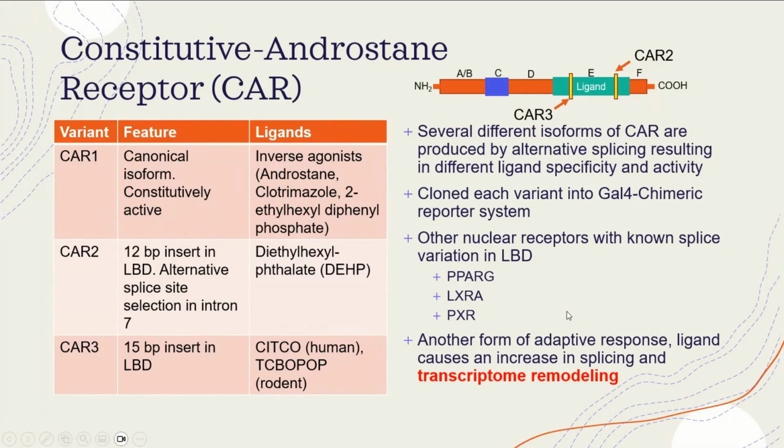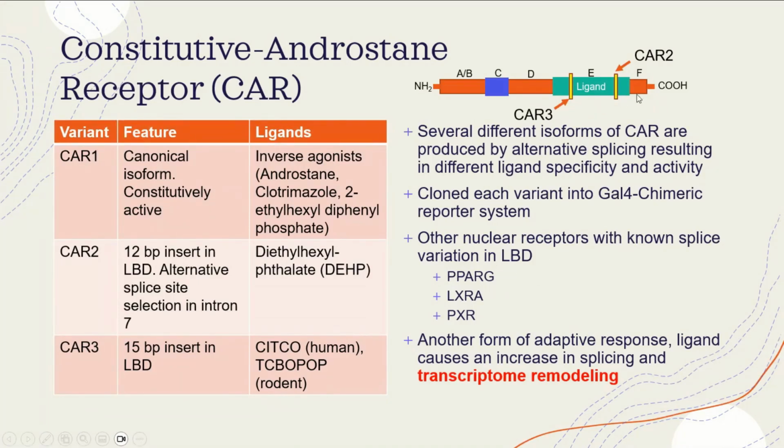Now, what this leads to is differences in the ligand binding domain. And this leads to diversity in the types of ligands that can interact with this ligand binding domain. So we have different agonists for the wild type, the CAR2, and the CAR3. And this is becoming more important in the nuclear receptor space in general.